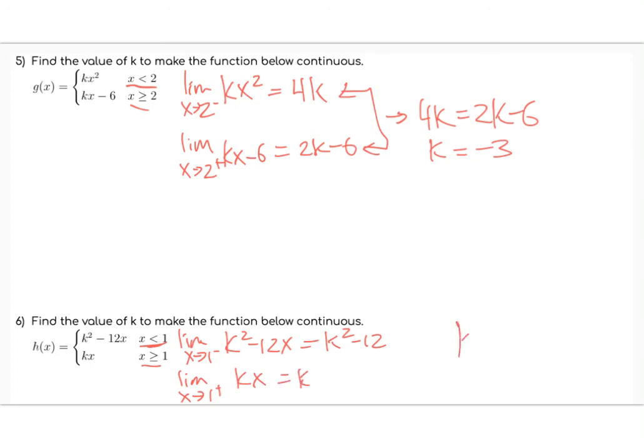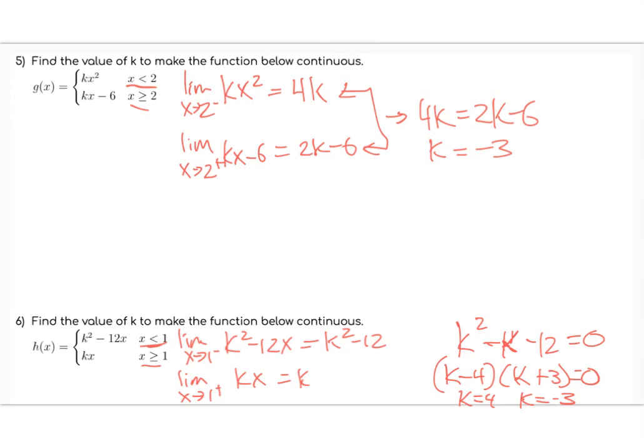Setting those equal to each other, k squared minus 12 is equal to k. Going to move that k onto this side and set that equal to 0. That's going to give us k minus 4 and k plus 3 is equal to 0. k equals 4, and k equals negative 3. Those are two different values of k, both of which fit that equation.